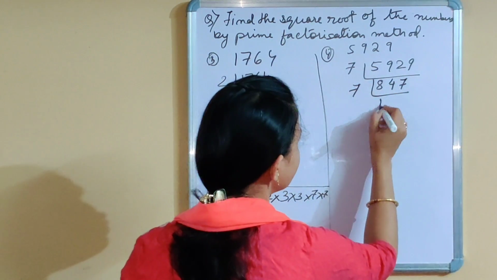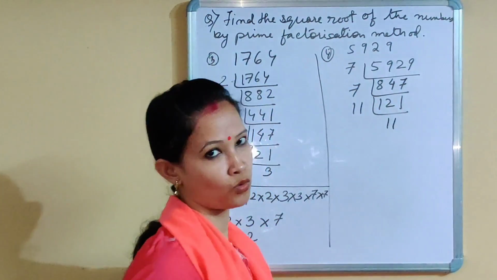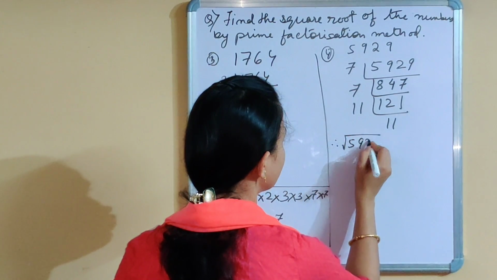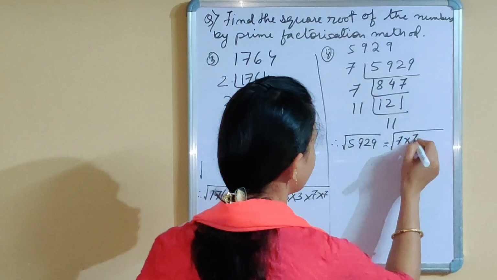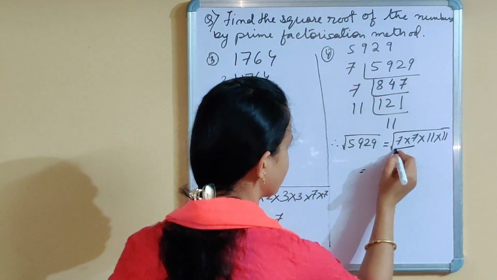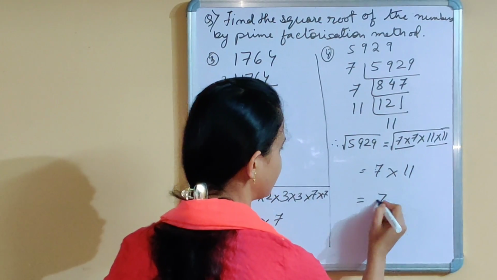Again here it will be 7, 11, 1. 11 11s are 121. So the square root of 5929 is equal to 7 into 7 into 11 into 11. From this pair 7 will come, from this pair 11 will come. So the answer is 77.